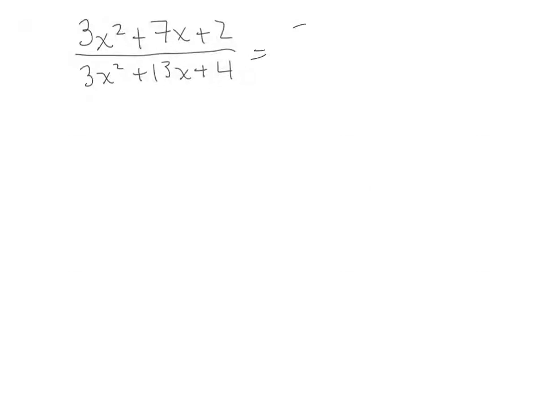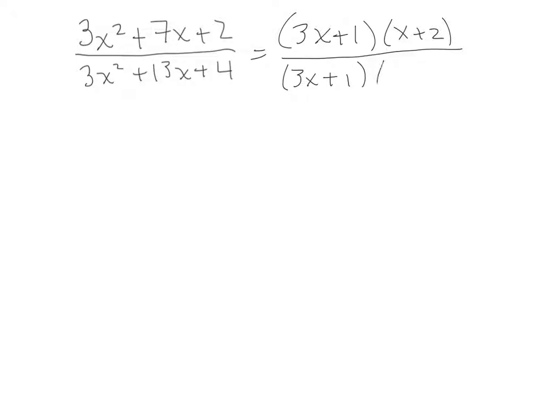So if we factor the numerator, it factors to 3x plus 1 and x plus 2. You can check that for yourself. You can also pause it and try to factor the denominator yourself, but if you've come back to do so, you'll find that it factors to 3x plus 1 and x plus 4.